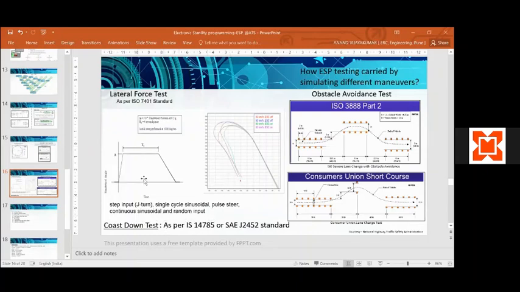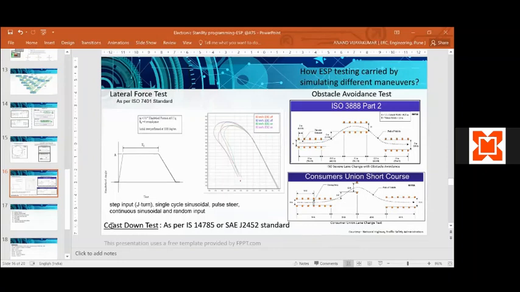These tests help to understand the extent to which the vehicle is controlled under lateral force. And there is an obstacle avoidance test as per ISO 3888, and the Consumer Union's short course also. This is typically similar to the previous one.